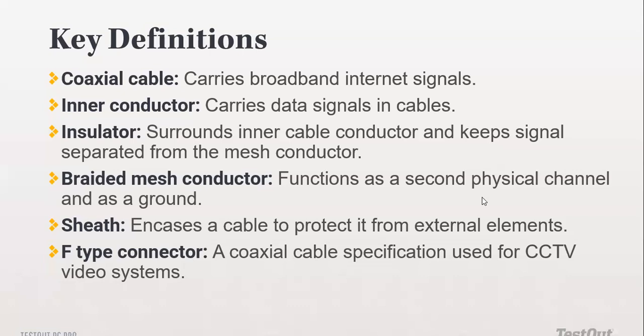Now, the F-type connector, unlike the RJ45 connector, is just another type of connector that is used to connect the coaxial cable to the system. An example here is the CCTV system. Who can tell me what CCTV stands for?